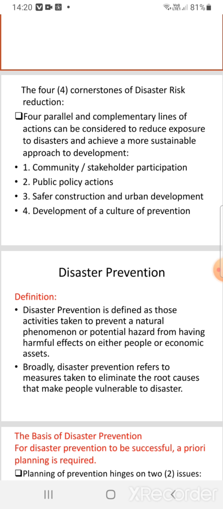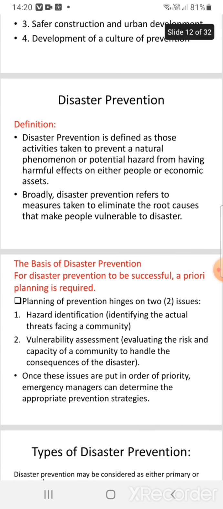Then comes something known as disaster prevention. Disaster prevention is defined as those activities taken to prevent a natural phenomenon or a potential hazard from having harmful effects on either people or economic assets. It doesn't mean that the outbreak of a particular event is suppressed.